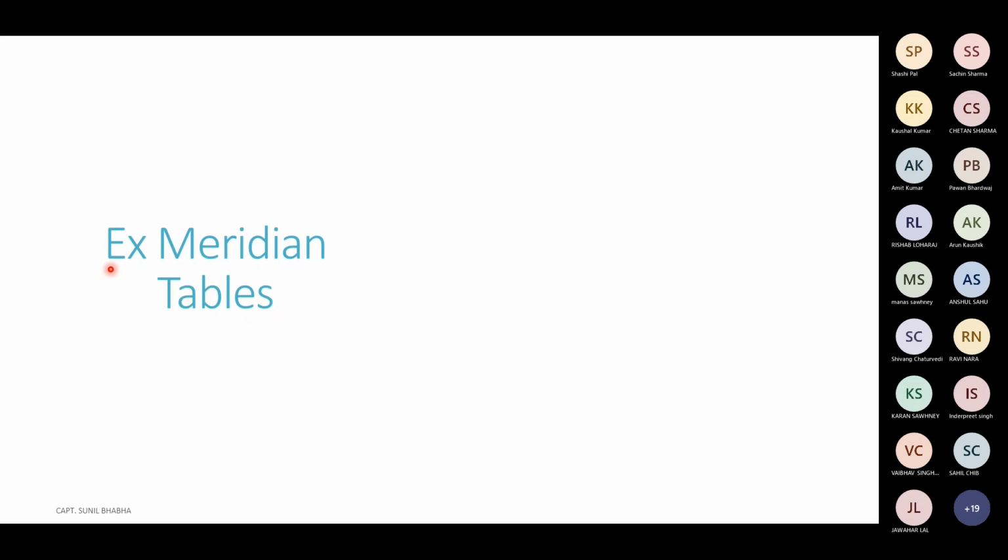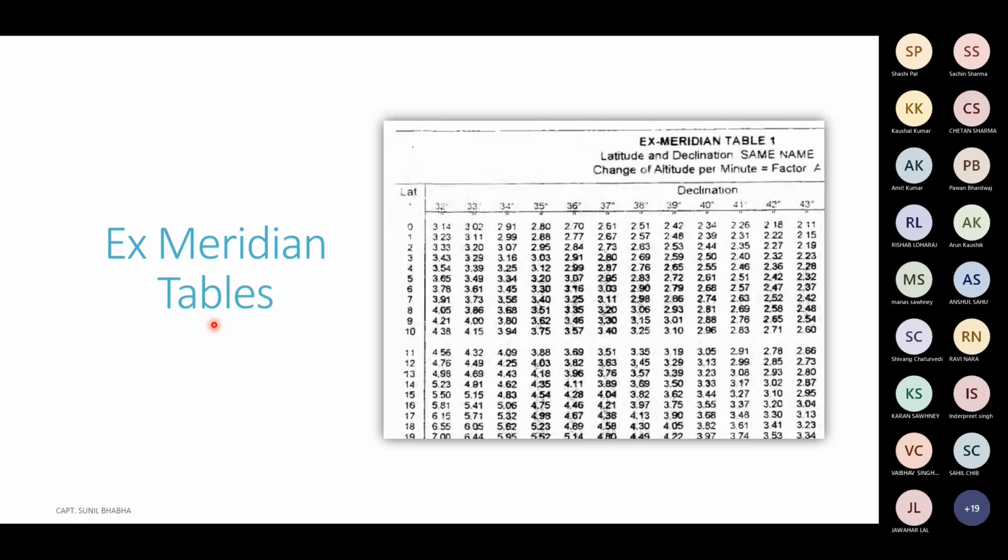Now, how to find the X meridian limit? For finding the X meridian limit, we have the X meridian tables. They are there in the Norie's tables. Let me show the tables to you. You can see the X meridian table 1 on the slide now. There are a total of 4 X meridian tables: table 1, table 2, table 3, and table 4.